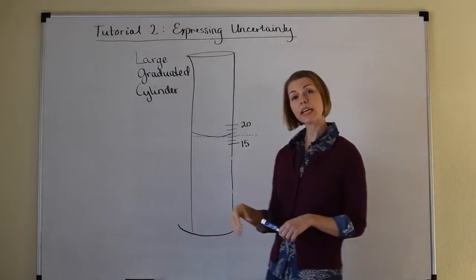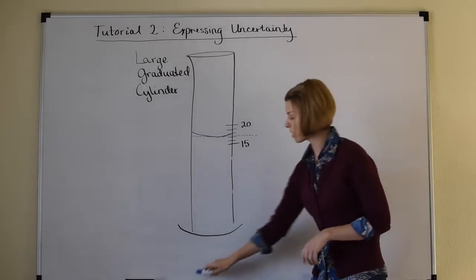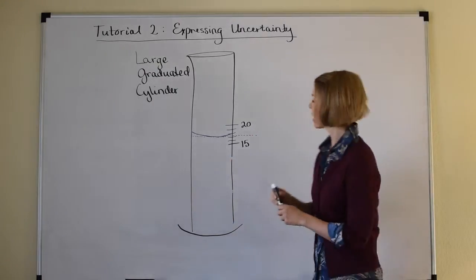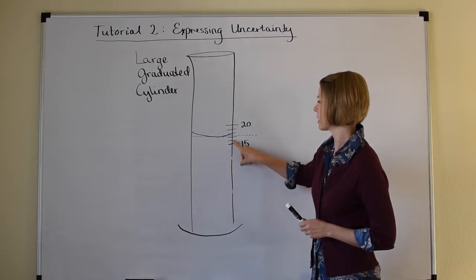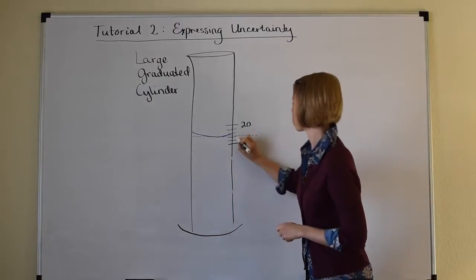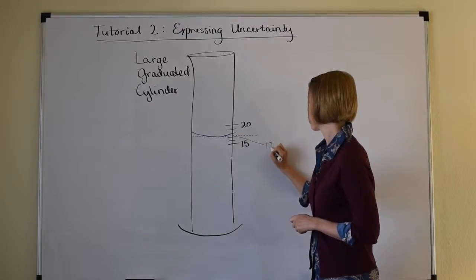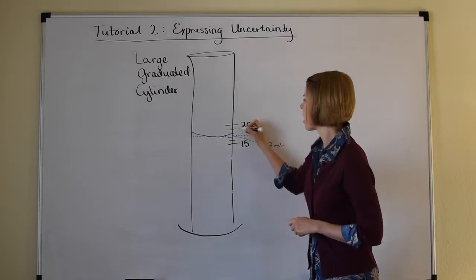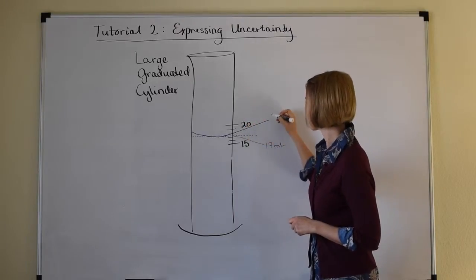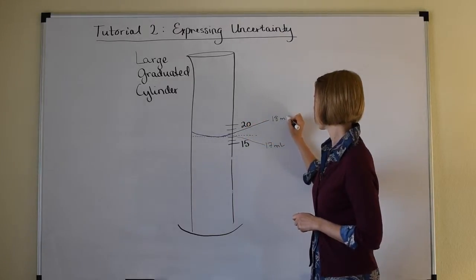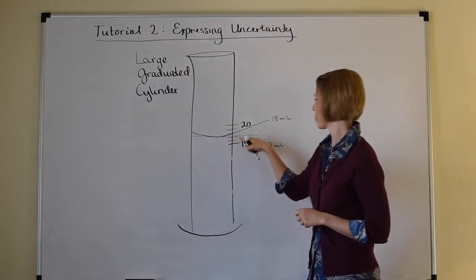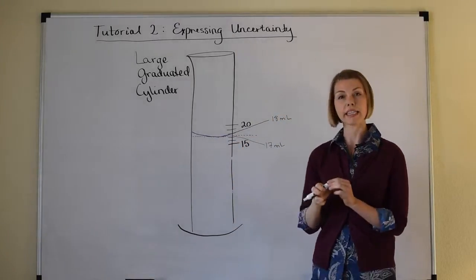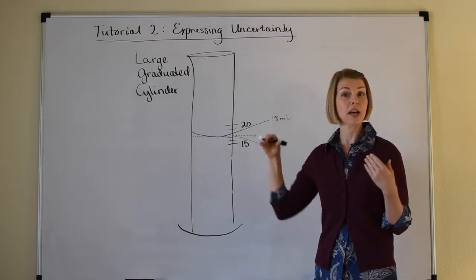All right, so when we're reading the water level from this graduated cylinder, we can tell that the water level falls somewhere between the 17 milliliter line and the 18 milliliter line. Remember, we're measuring from the base of the meniscus. So it's somewhere between those 17 and 18 milliliter increment lines.